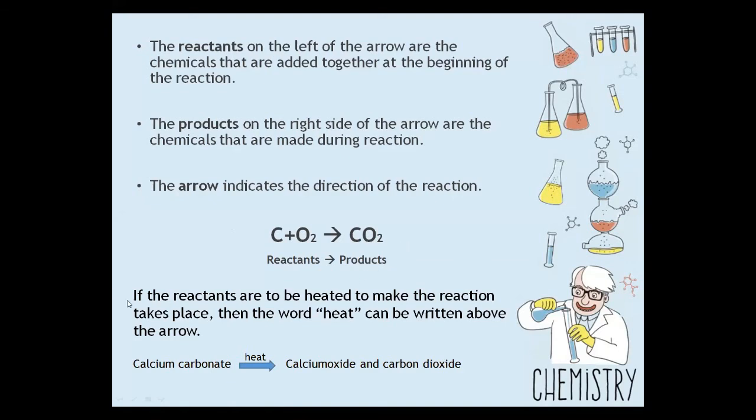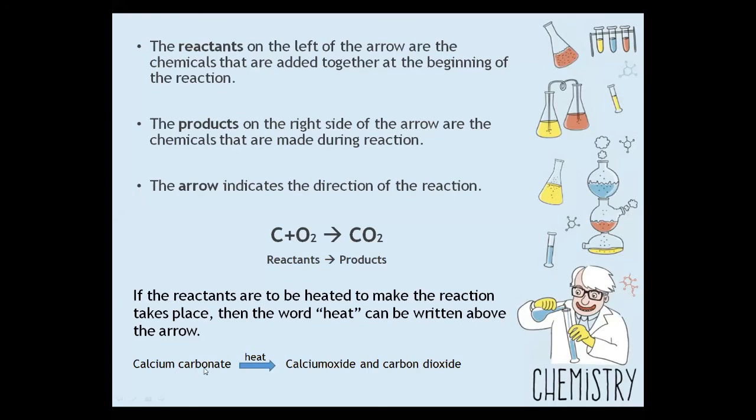Another main point: if the reactants are to be heated to make the reaction take place, if we heat up the reactants to make a product, to make new substance, then the word heat can be written above the arrow like this.